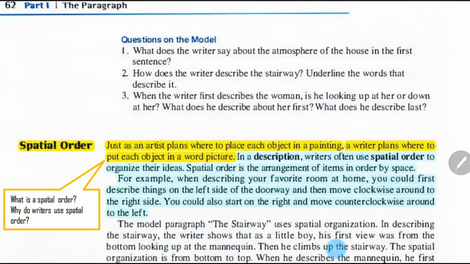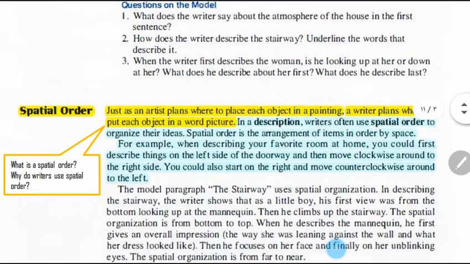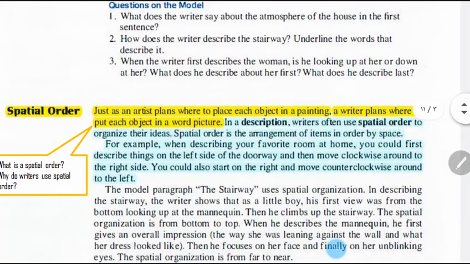So it's like an artist. When the artist places each object in the right place, as a writer, you have to put the words, sentences, and phrases in their appropriate place to make it elegant, easy to read, easy to understand, and very interesting for the reader.